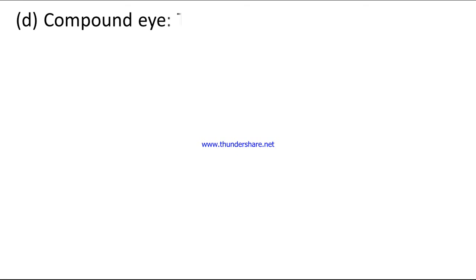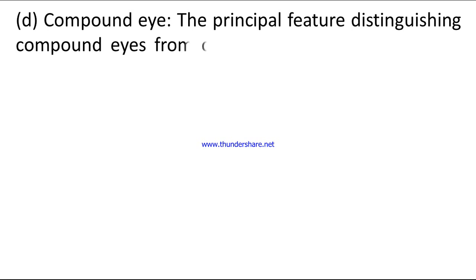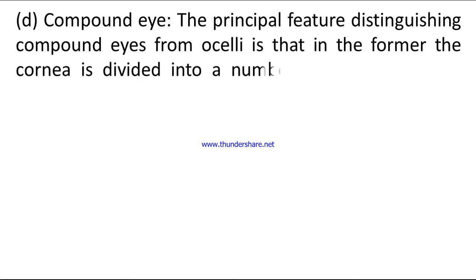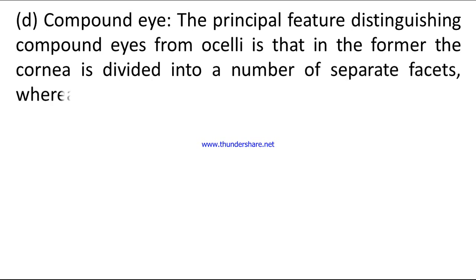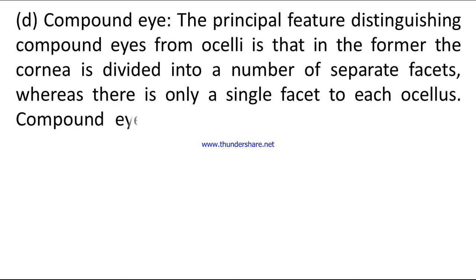Number D. Compound eye. The principal feature distinguishing compound eyes from ocelli is that in the former the cornea is divided into a number of separate facets, whereas there is only a single facet to each ocellus.